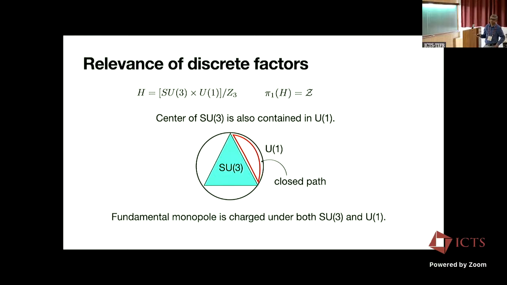And so the fundamental monopole in this has SU3 charge and U1 charge. So it has both kinds of charges, and that is the fundamental monopole. So in dealing with magnetic monopoles, it's important to keep track of these discrete factors.